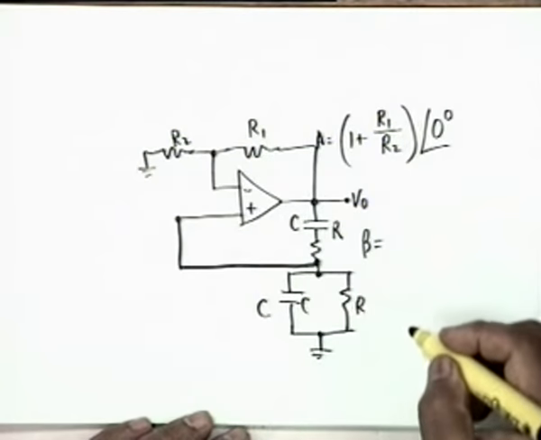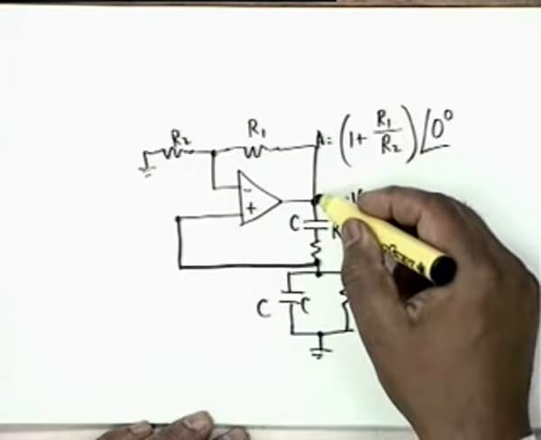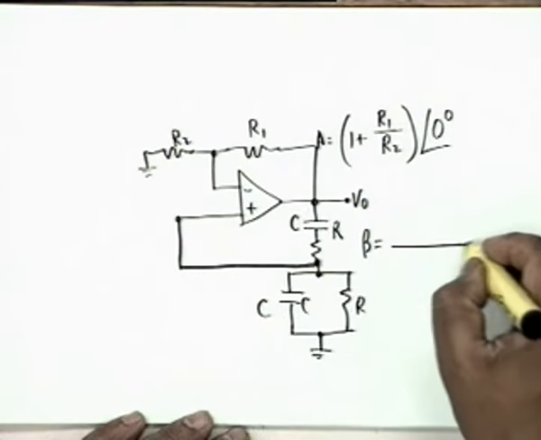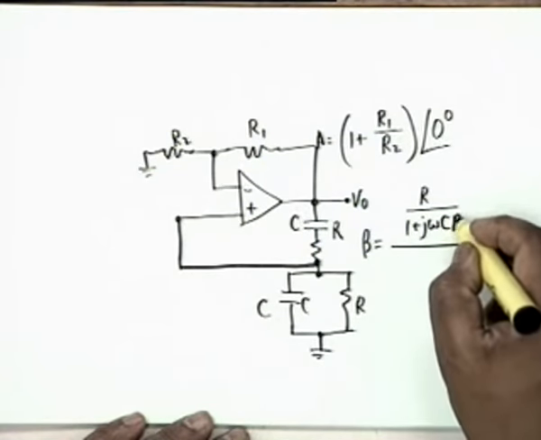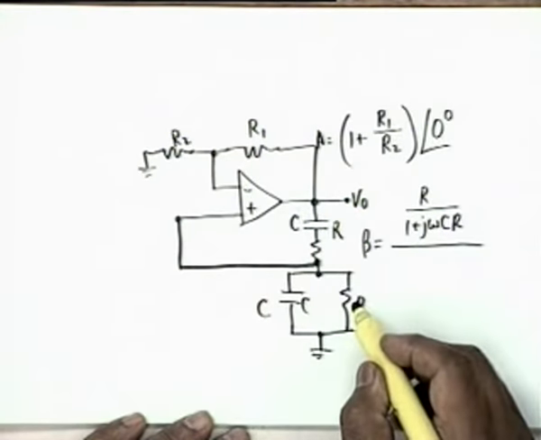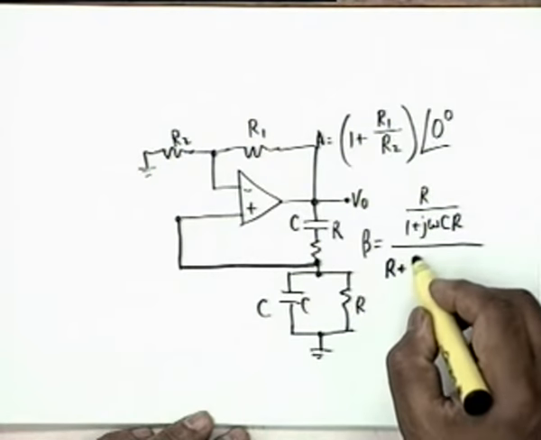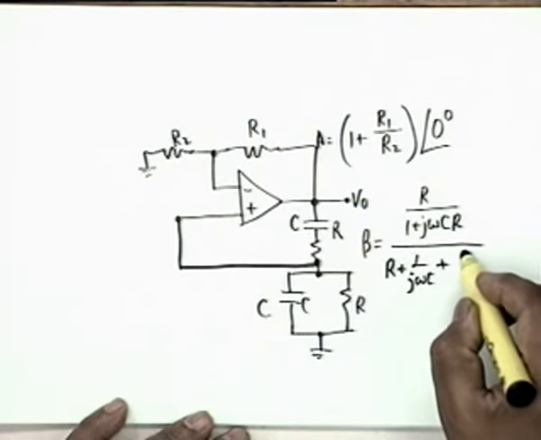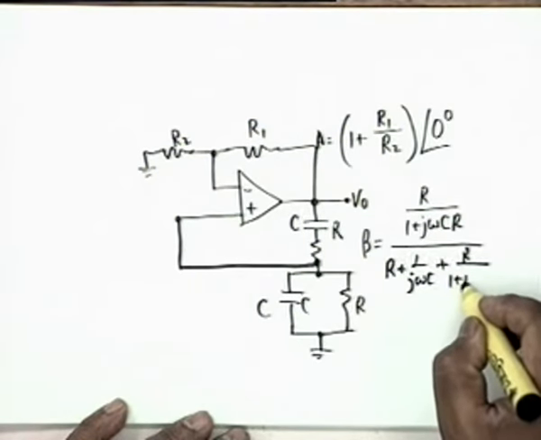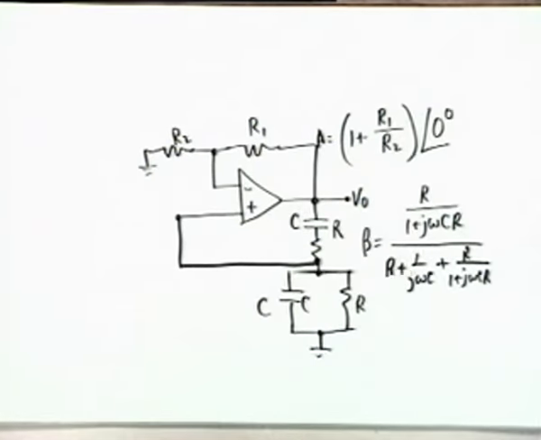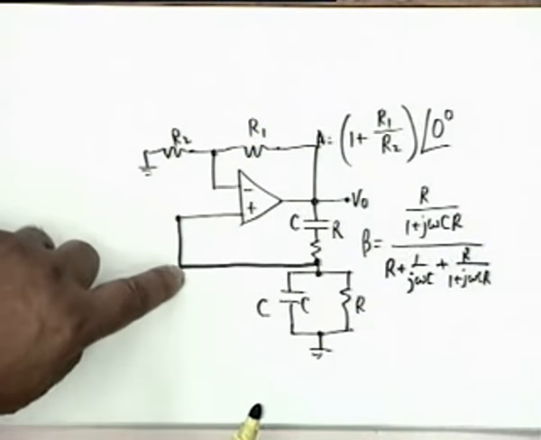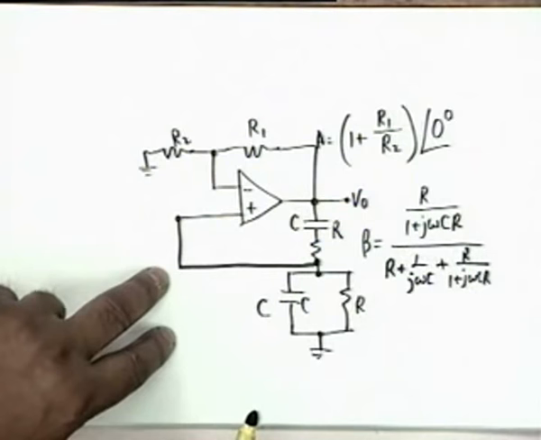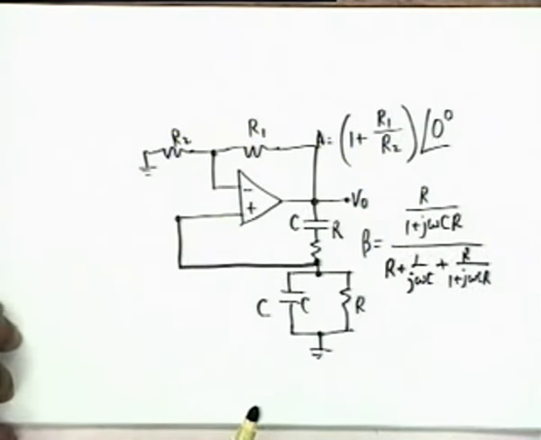The beta is equal to this voltage divided by this voltage, which is simply R by 1 plus j omega C R, the shunt impedance, divided by R plus 1 over j omega C plus R divided by 1 plus j omega C R. Agree? This is the beta circuit. It is very easy to identify. It may not be so if the input impedance here was not infinity, then you might have to include the input impedance here. So you will have to take care in oscillator analysis.